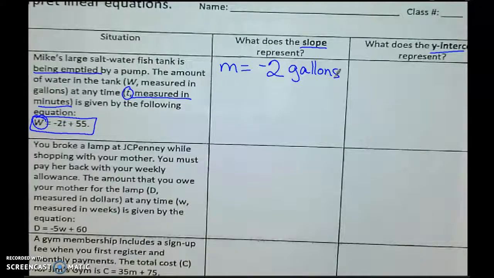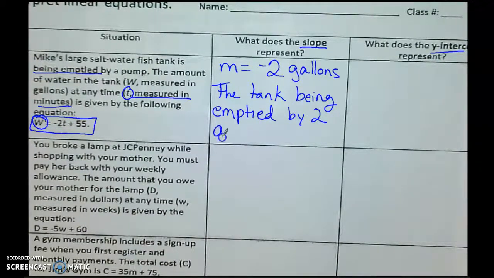So what does that mean? That means that the tank is being emptied by 2 gallons each minute.